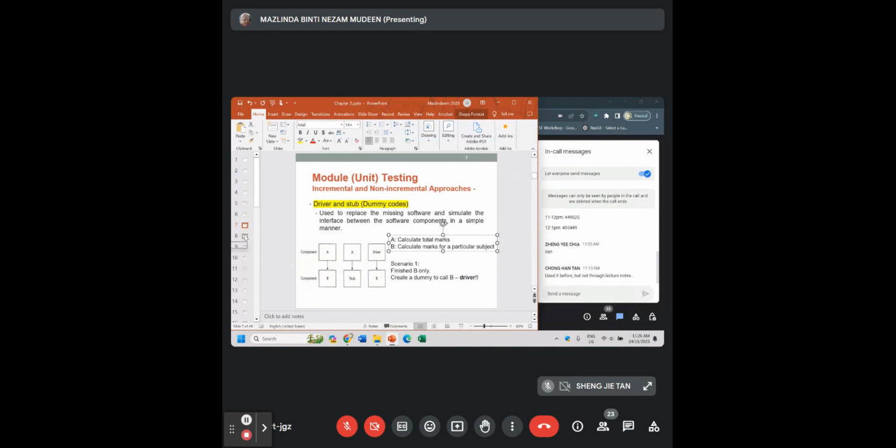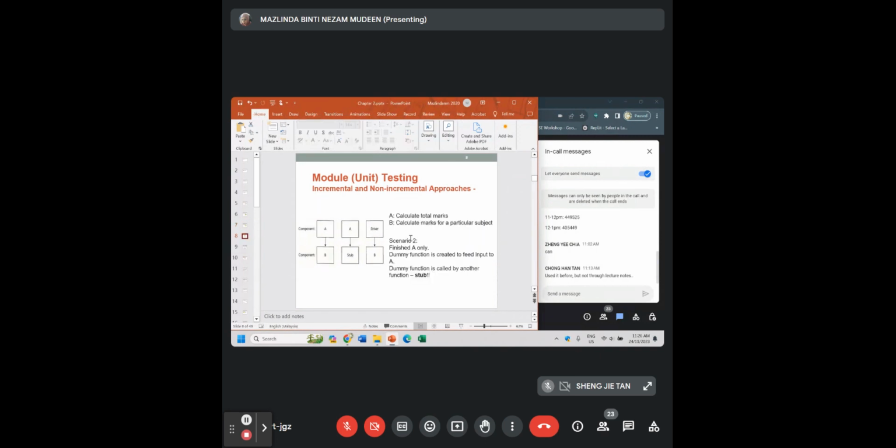In the second scenario, it's the same thing, but we have completed component A. It means the functionality to calculate total marks has been completed, but the calculation of individual subject marks is not completed. So what we do is use the stub.